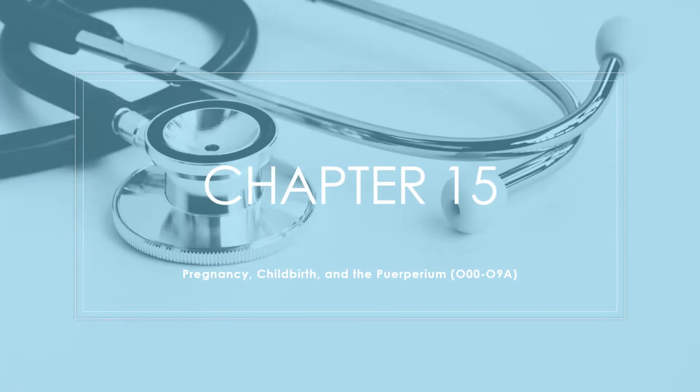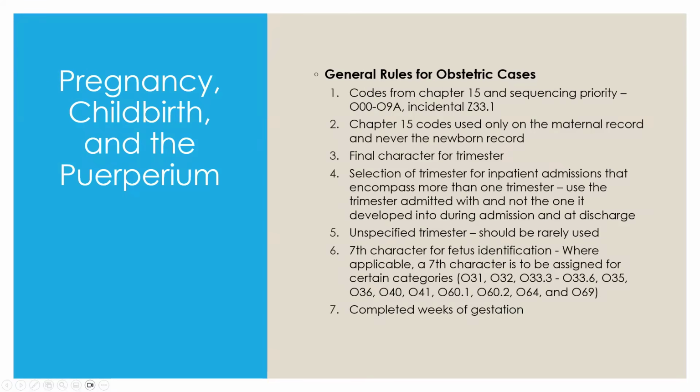And I will tell you, this has got a lengthy amount of guidelines, and they are very important because, if you've not previously heard the other videos, chapter 15 takes precedence over the other chapters within the coding guidelines for a patient with pregnancy, childbirth, and the puerperium, because they have to represent what's currently going on with the patient. There are multiple guidelines for this section, so please make sure you follow closely.